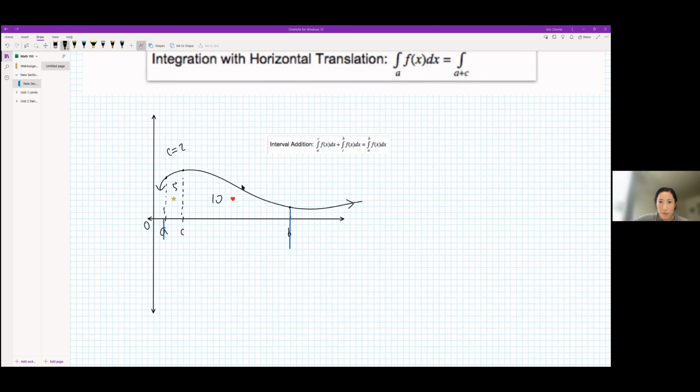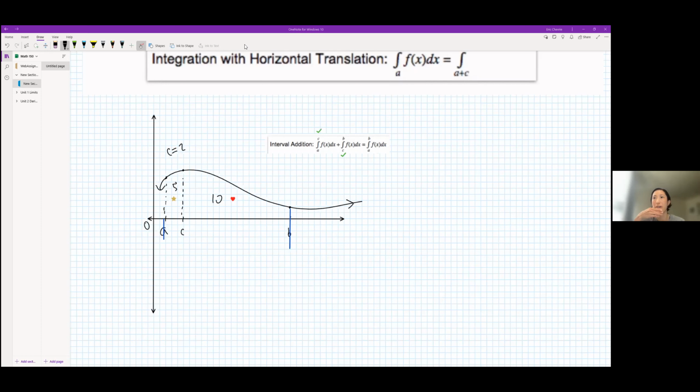So I think if you look at the intervals here, what makes them very special is that the top number, the C over here, is the same as the bottom number in the second integral.